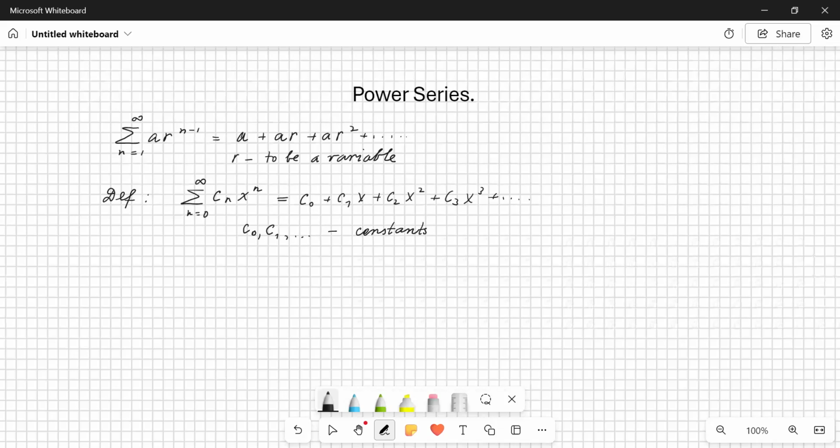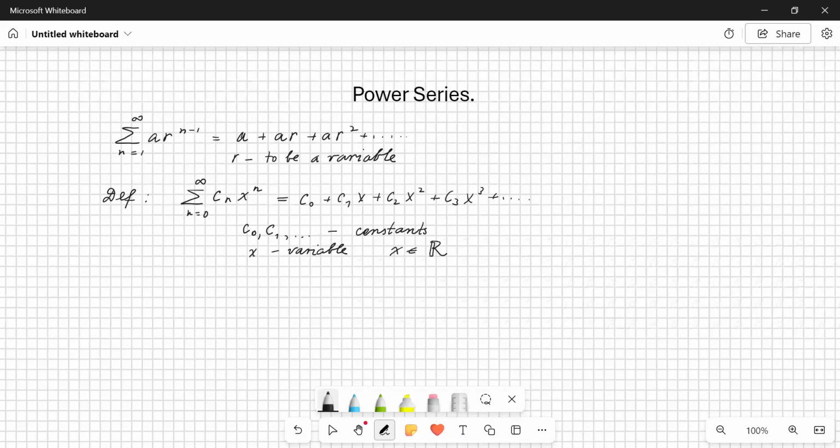In our case, they're just real numbers. x is a variable, and x belongs to the real numbers. So x is any real number.